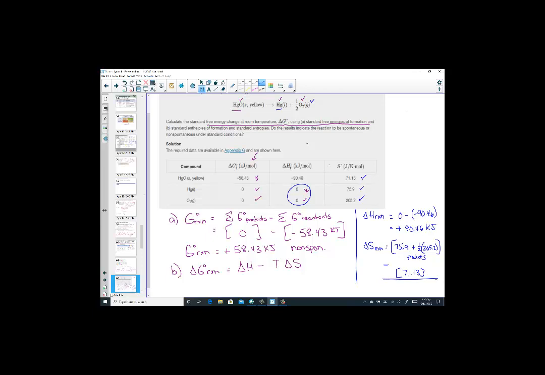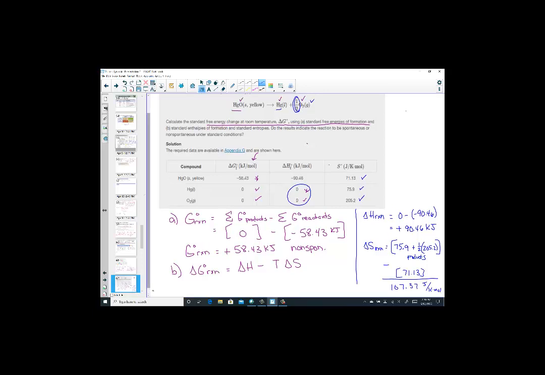Notice why I'm taking 1/2. Our coefficient in front of oxygen was 1/2. So 75.9 plus 0.5 times 205.2 minus 71.13. And I get 107.37. And remember, for entropy, that's joules per Kelvin mole.